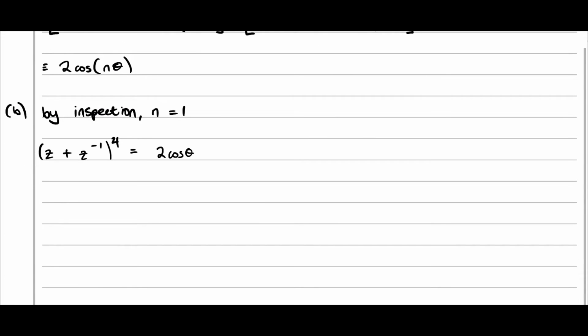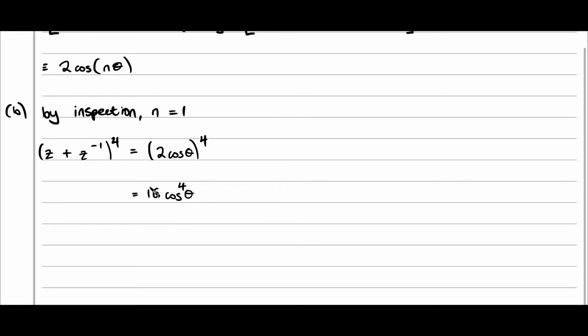And of course, we wish to raise this to the power of 4. So, z plus 1 over z all to the power of 4 equals 2 cos theta all to the power of 4, which is 16 cos theta to the power of 4.